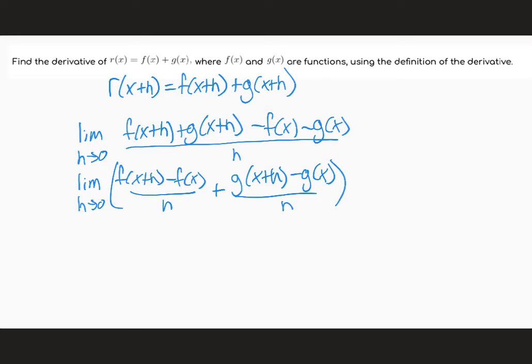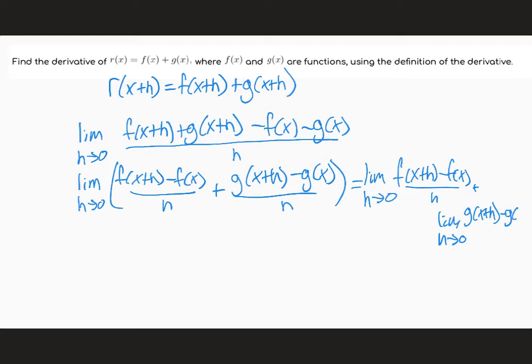We said the limit of a sum of two different things was the same as those limits separately. So I could write this as the limit as h approaches 0 of f of x plus h minus f of x over h plus, I'm going to write this down below because I didn't leave myself enough room, the limit as h approaches 0 of g of x plus h minus g of x over h.